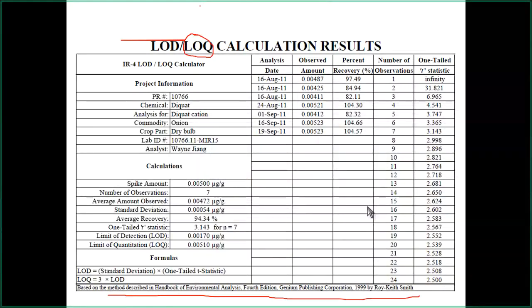But we calculate it, and it's close enough. We know the spike level, which is the LLMV level, which we spiked in. That's by definition. So this is 0.005, and all the recoveries are here.